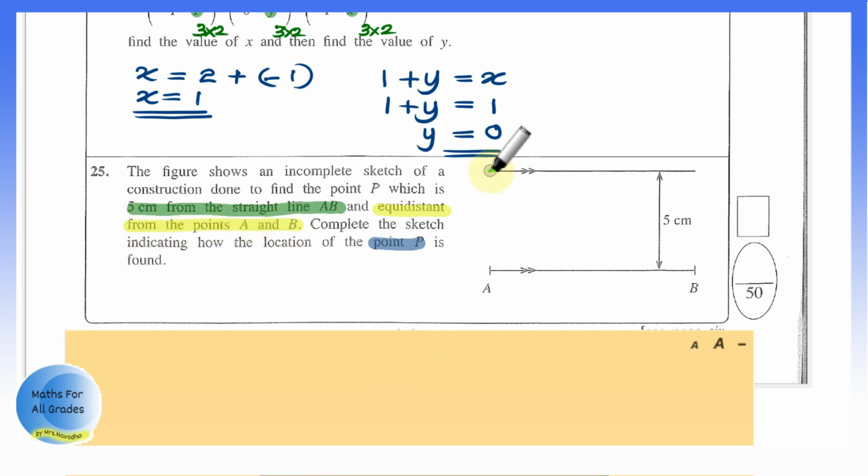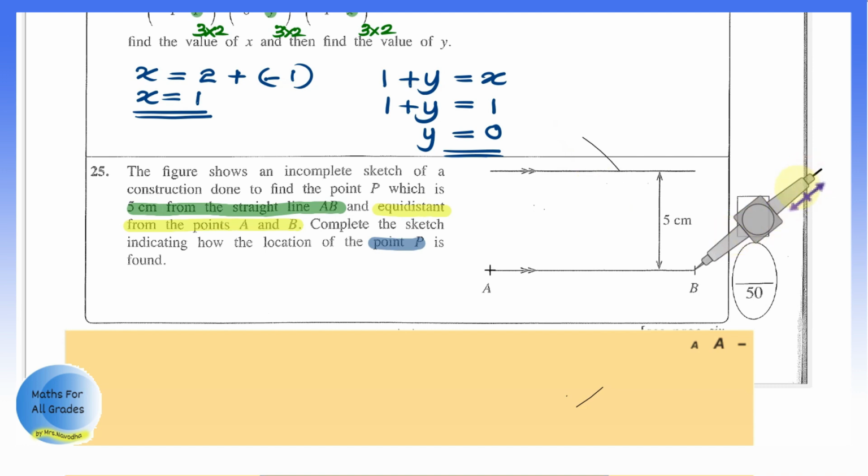Actually, they have done a favor for us. You see this line? It's located 5 centimeters away from the AB line. So point P is somewhere here on this line. So let's draw a perpendicular bisector because we are looking for a path that is equidistant from both A and B. Take your compass and place it on point A, and then draw two arcs here and here.